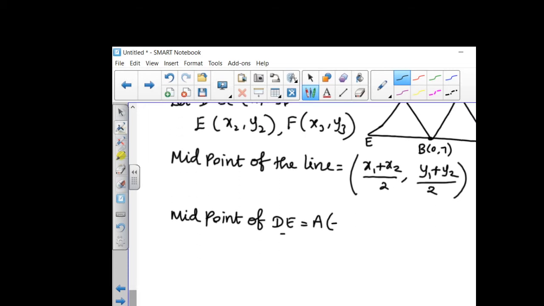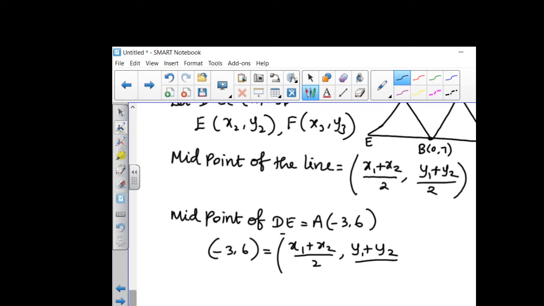Okay, so what do you get? You can write it as minus 3 comma 6 is equal to, we know that D is the point (x1, y1) and E is the point (x2, y2). So you can take it as (x1 plus x2) by 2 comma (y1 plus y2) by 2.